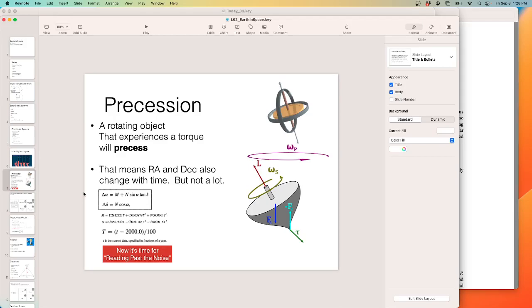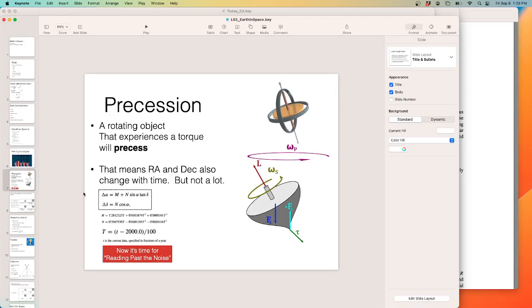So the change in RA, in right ascension, is going to be some number m plus some function of the RA and dec. And the change in declination is going to be some function times a function of the inclination angle. This is all kind of hairy. And this m and n are both polynomials of the time. This is ugly.